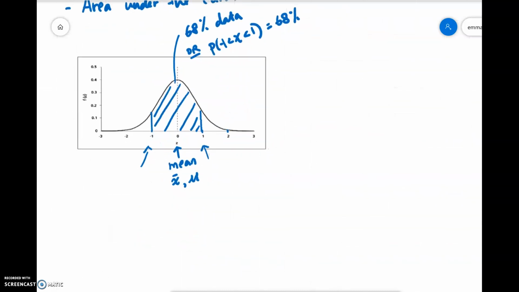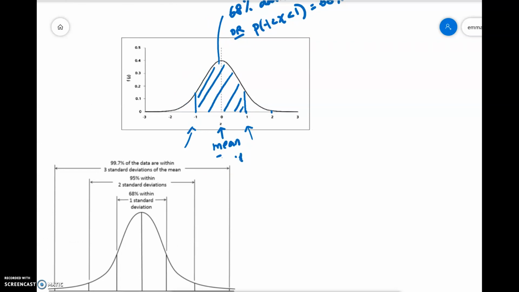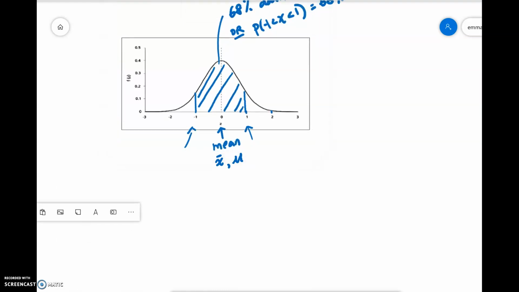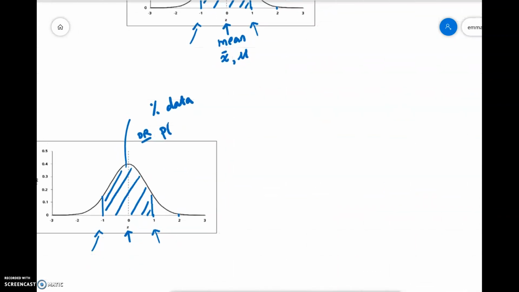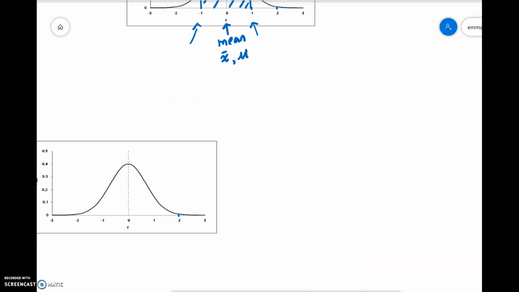Then for similar situations, when I move on to 2 standard deviations, which is -2 to 2, the empirical rule says I have 95% of the data falling within -2 to 2 for the z-score interpretation.